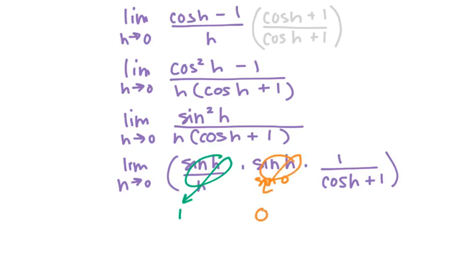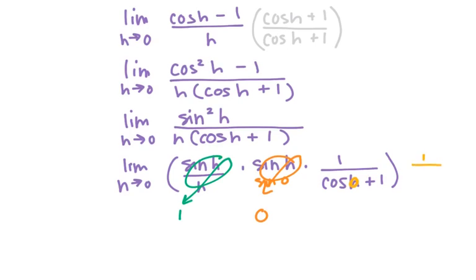And then plugging in my 0 for my h, I end up with 1 plus cosine of 0, which is 1 plus 1, so this limit term would go to 1/2. And if we look at that product, 1 times 0 times 1/2, this limit is equal to 0.